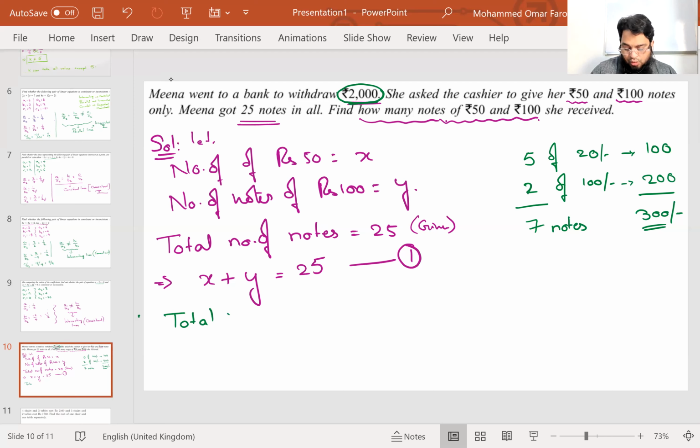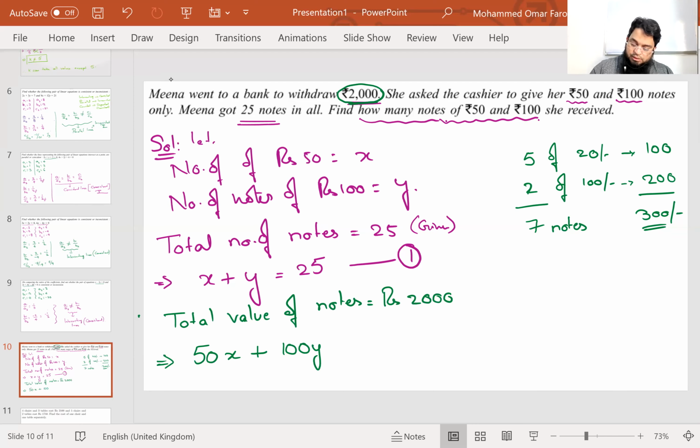Therefore, the total value of notes is rupees 2000. This can be written as: you have x notes of 50, so the value is 50x, plus y notes of rupees 100, so the value is 100y, equals 2000. This will be the second equation.